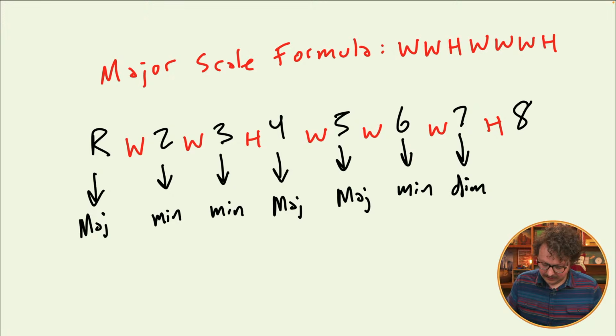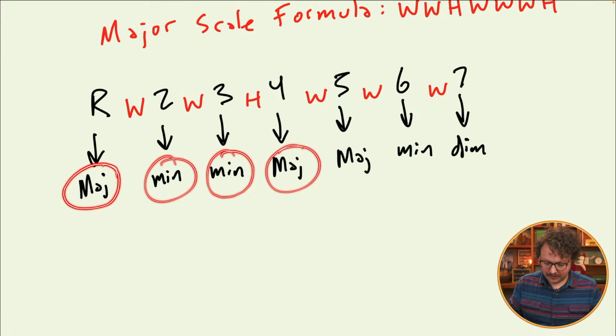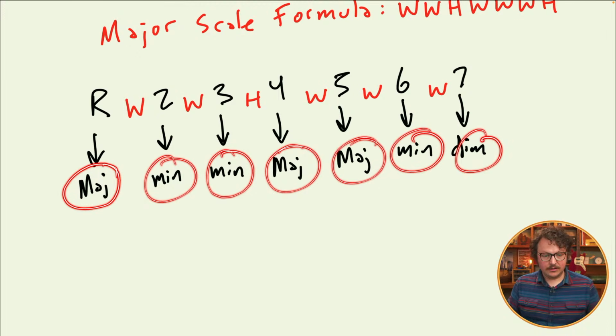And then 8 is 1, right? Which I'm going to erase so it's less confusing. But regardless of what note you put here, whether it's G or A or B flat or F, the order of chords in that key is always going to be major, minor, minor, major, major, minor, diminished.